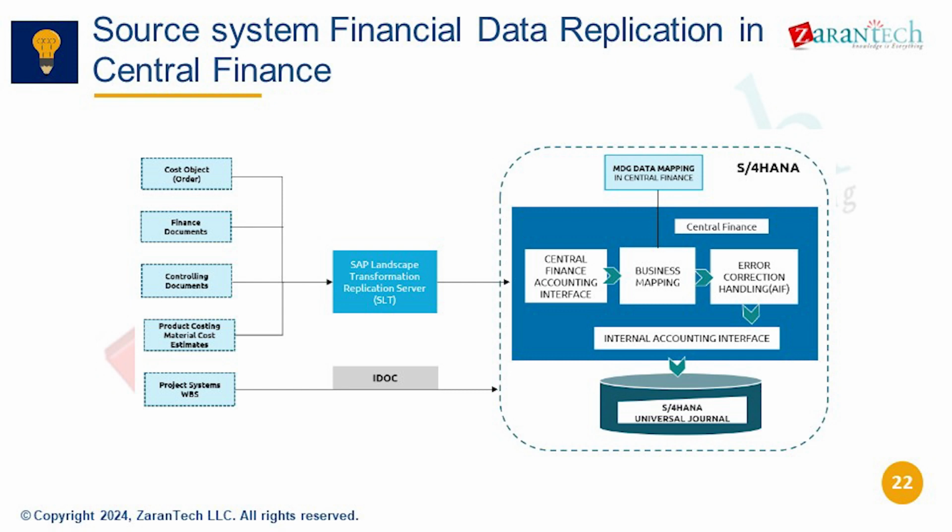Backend integration regularly extracts financial data like general ledger postings, accounts receivable and payable open items, profitability entries, and corresponding master records. The SAP landscape transformation replication server brings this data into the central finance staging layer called Universal Journal. This hub handles validation, error handling, and enrichment processing before posting.